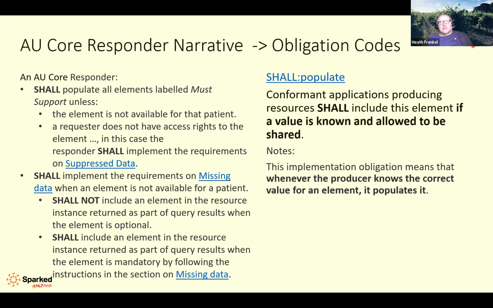The responder doesn't know what the requester is going to do with that data, but there is a trust relationship between them, the fact that there is some level of access control, and the responder has done what it can to restrict access based on the rights that were actually allocated to the requester. And the sharing nature of that is in the context of those rights for this request.